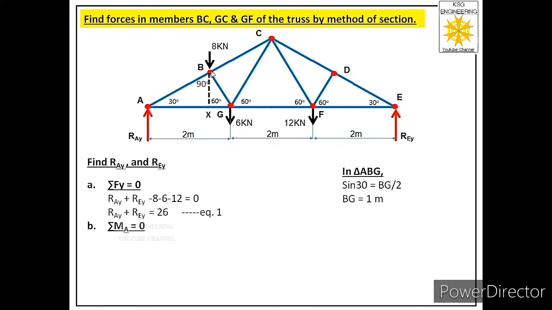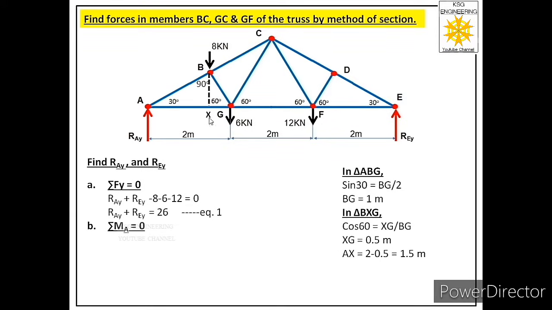Now we will say in triangle BXG, cos 60 will be equal to XG divided by BG. BG we already know equal to 1 meter. So from here we will get value of XG as 0.5 meters. So this is 0.5 meters. It means now AX will be equal to 2 minus 0.5 equal to 1.5 meters.